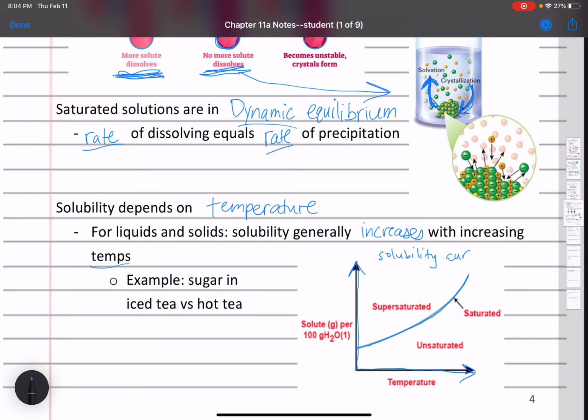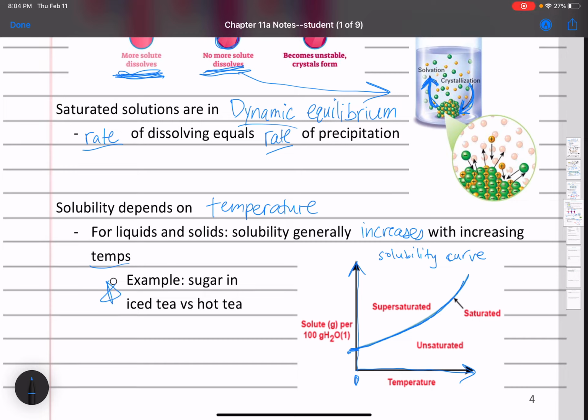And you find these experimentally. So you could do this for sugar and water. And you could find that at whatever temperature here, you can dissolve this many grams of sugar in water, but as you raise the temperature, you can dissolve more and more grams of sugar in water, right? And we know that from life.